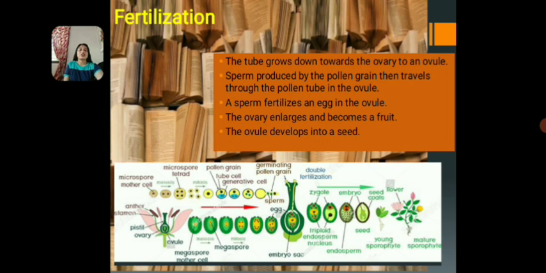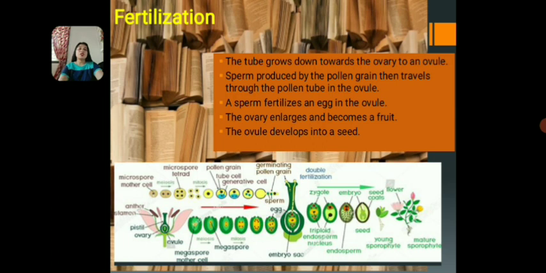Next, we have fertilization. This is the carpel, and here is the pollen. On top of the tube cell, we have the generative cell, for the process of fertilization. In fertilization, the tube grows down towards the ovary to an ovule. A sperm produced by the pollen grain then travels through the pollen tube to the ovule.